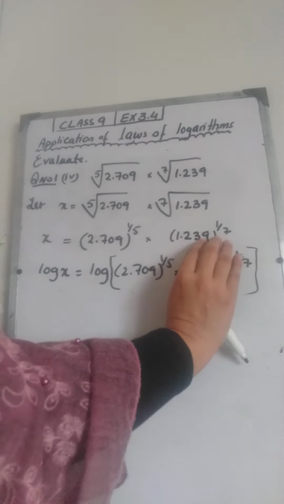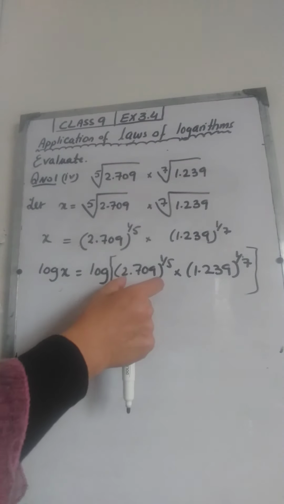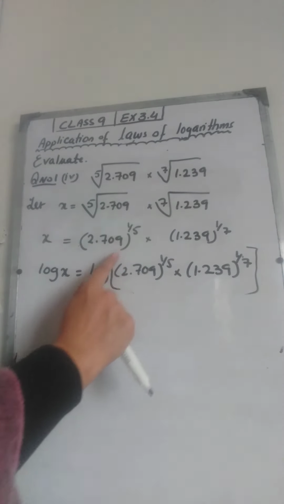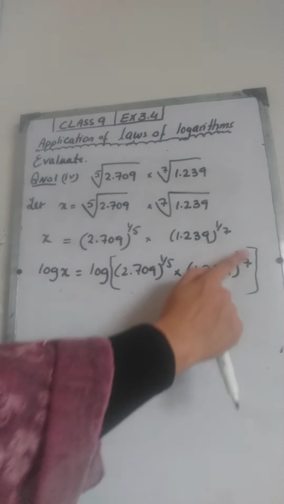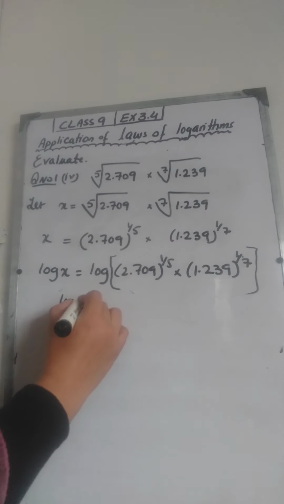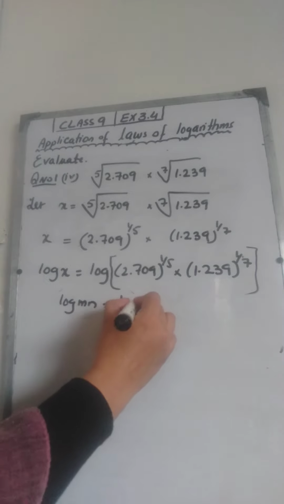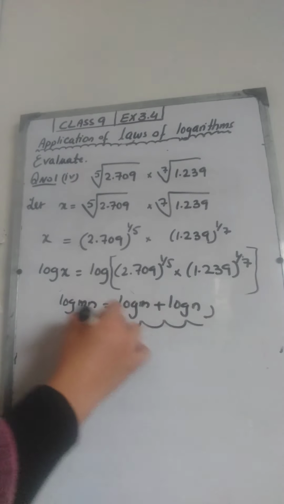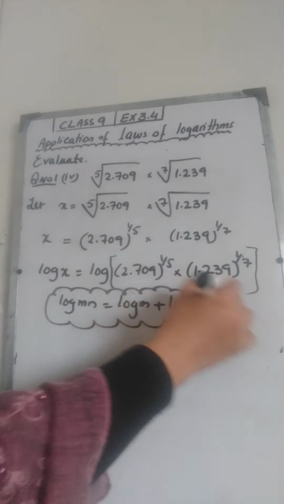This is the first number and this is the second number. So we have log of m into n. In place of m we have this number and in place of n we have this number. So we are going to apply the law log of m into n is equal to log of m plus log of n first.